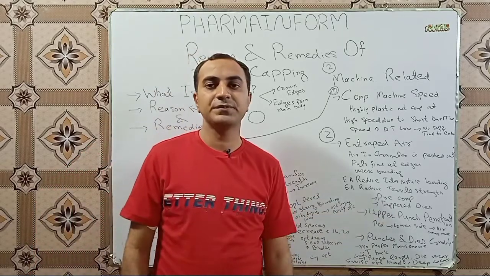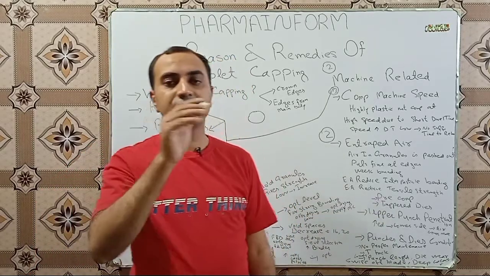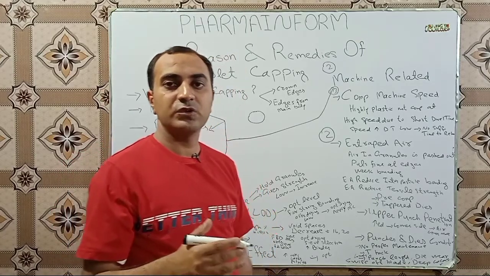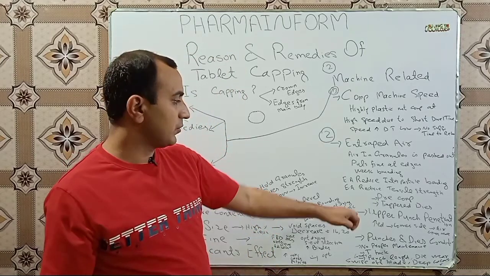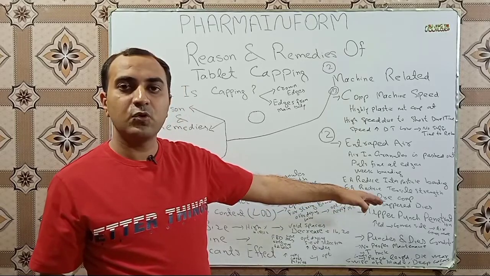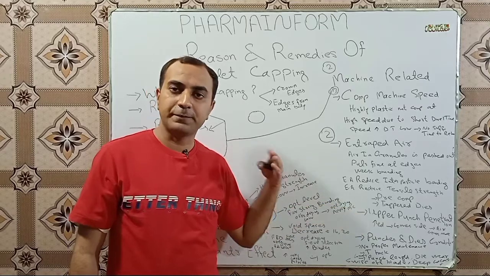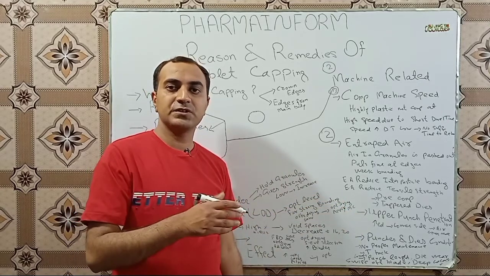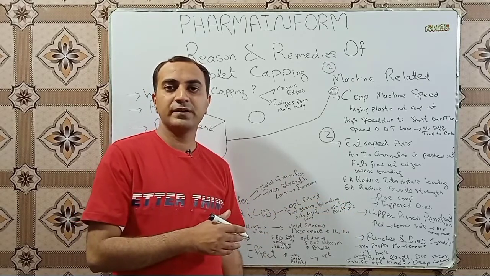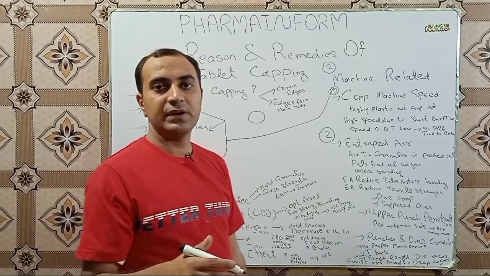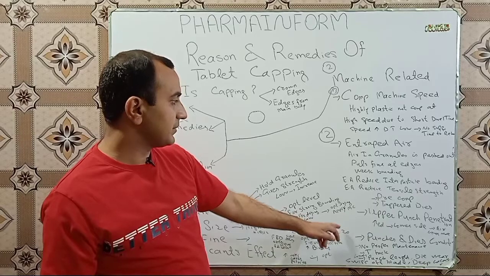Next is taper dies. Taper dies basically have some tapered surfaces which allow the air to escape. For normal dies, there is no route for the escape of air, but in taper dies, the structure is designed in such a way that air is easily removed, so capping is prevented.